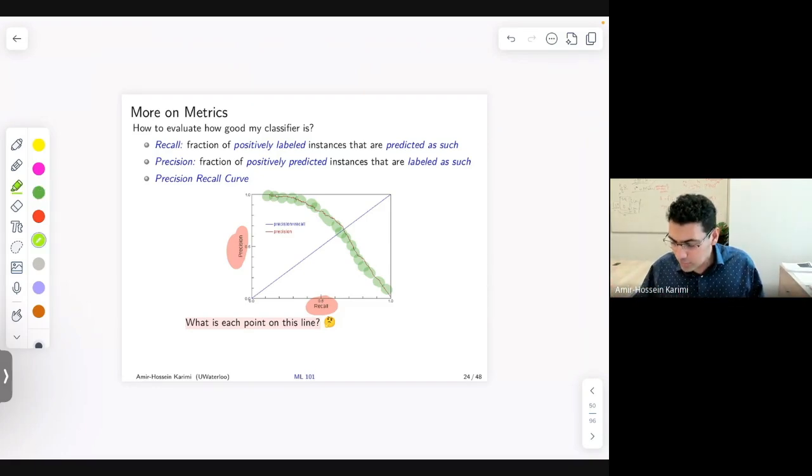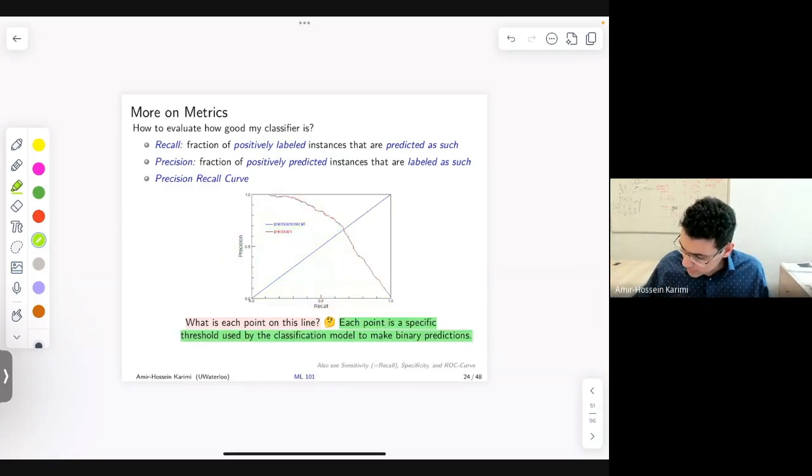Ultimately, what we'd like to see is the area under this curve to be maximal, to have maximal precision and maximal recall. So each point is a specific threshold used by the classification model to make binary predictions.